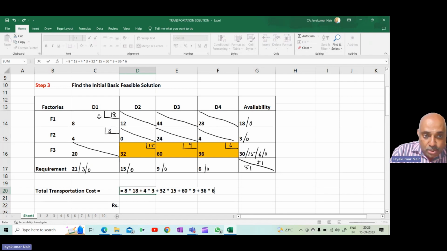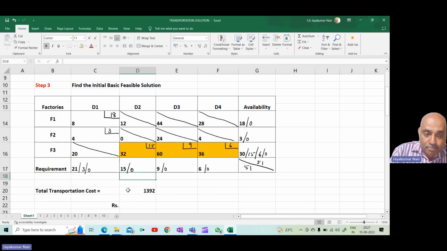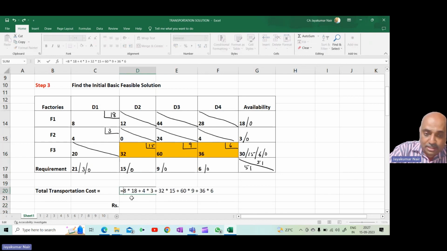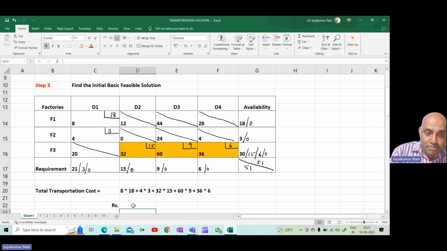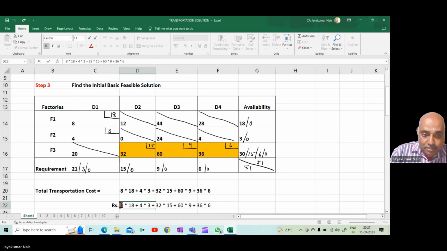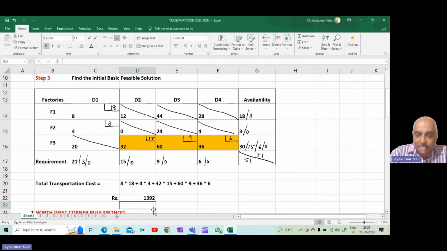So 8 into 18 plus 4 into 3 plus 32 into 15 plus 60 into 9 plus 36 into 6. Correct. So this is the transportation cost. If you want to find its value, it is 1,392 rupees. So that's the transportation cost for this particular problem.